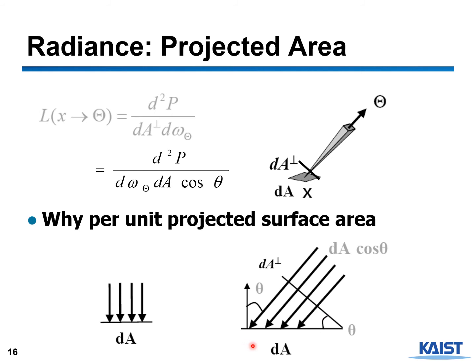So the energy will be reduced. Then by how much? It turns out to be the cosine term. So this is theta, and as you can see, this is also theta, right? By definition, cosine theta is computed by dA orthogonal over dA. Then you can derive that dA orthogonal is computed by dA multiplied by cosine theta.